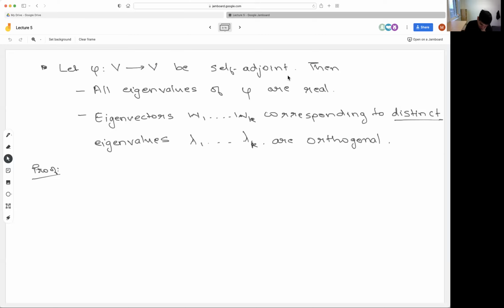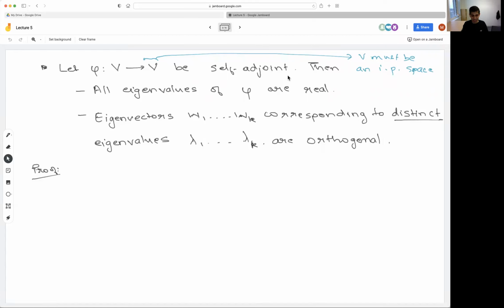When I say phi is mapping V to V and is self-adjoint, to even have adjoints, we must have an inner product. So when I say this, V must be an inner product space. Otherwise, the definition of adjoint doesn't make sense, right? In general, when it's mapping V to W, both V and W must be inner product spaces.